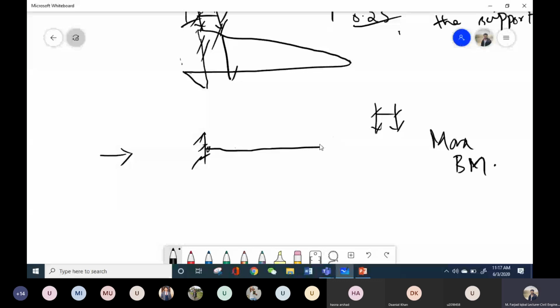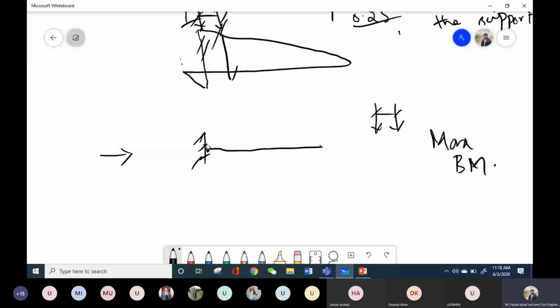Now, where should I place my moving load to get the maximum value of, let's say, bending moment? In the previous cases, I placed the moving load at the point where the component was maximum, let's say at this point. I plotted the ILD and placed the moving load at the point where the component was maximum, and it was obviously at the same point for which I plotted the ILD.